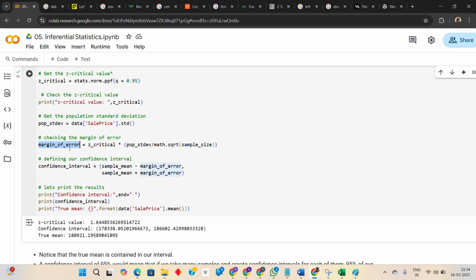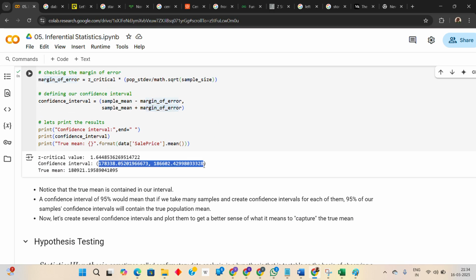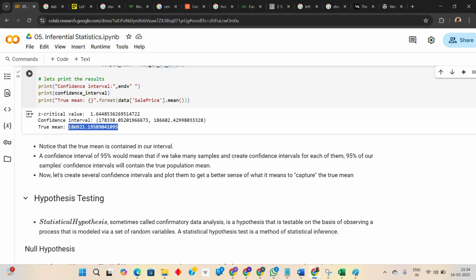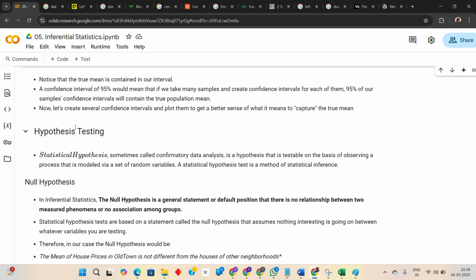If you get the margin of error, then the confidence interval will be sample mean minus margin of error, comma, sample mean plus margin of error. So that you will get the two limits. Whoever scored in that region is considered as 95 percentile, and then admissions can be defined. So this is the way you can define the confidence interval.